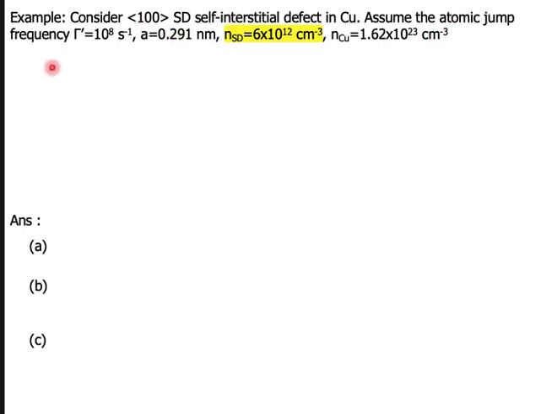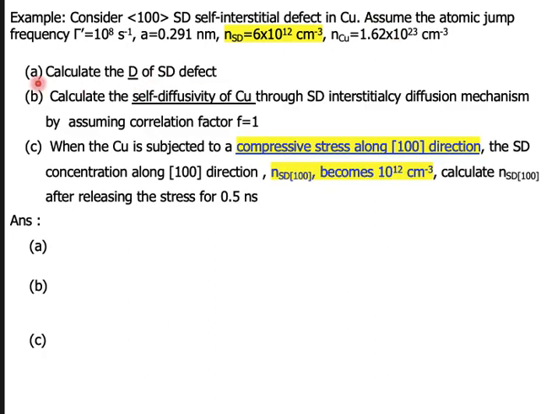And we assume the gamma prime is 10 to the 8 per second, and that is constant. And also we already give you the concentration of split dumbbell and also the concentration of the copper. So the first question is asking about the diffusivity of this SD defect. And question B will be to calculate the self-diffusivity of copper through this interstitial diffusion mechanism.